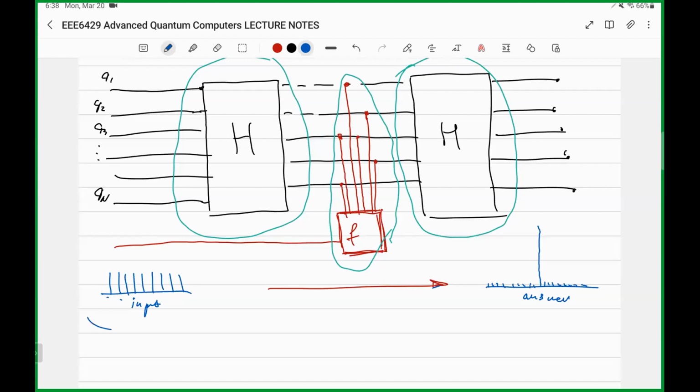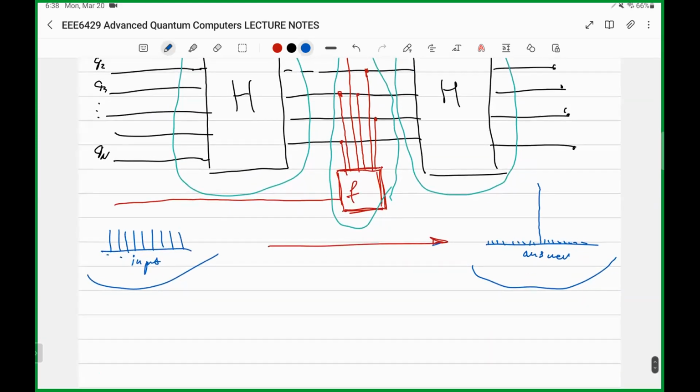You have an equal distribution of probabilities in the input, but in the output, the algorithm creates a very sharp spike, and that spike is your answer. This is how it works.